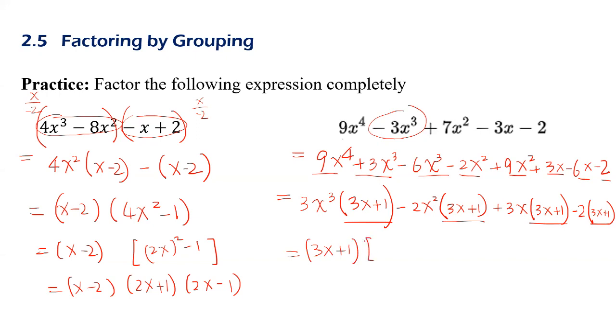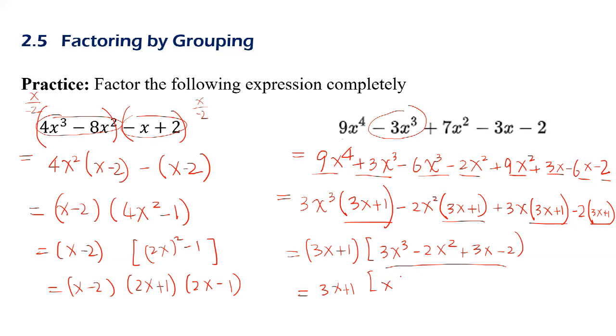Then we can put it in front. So what's left there is 3x cubed minus 2x squared plus 3x minus 2, right? And this can be further factored by grouping the first two terms and the last two terms, right? Because the ratio is 3 to 2.